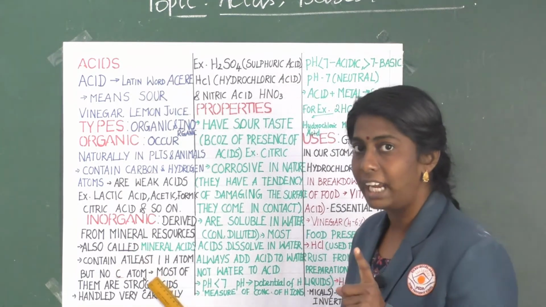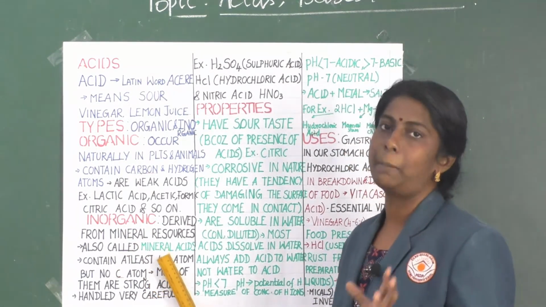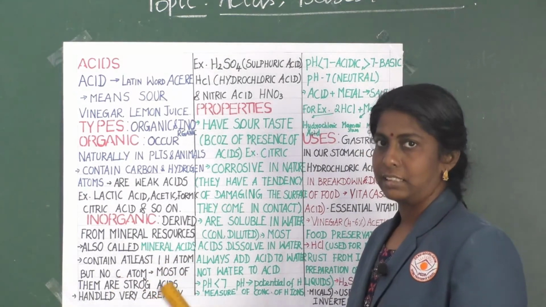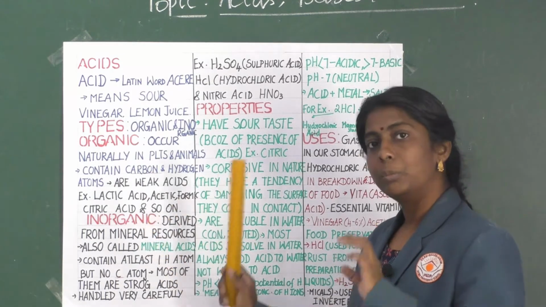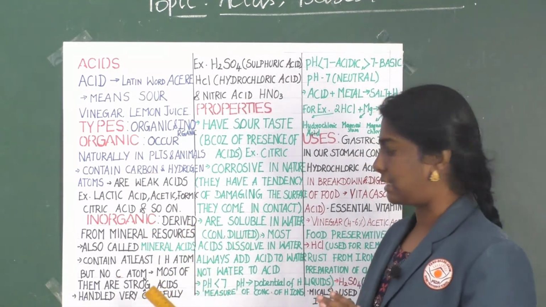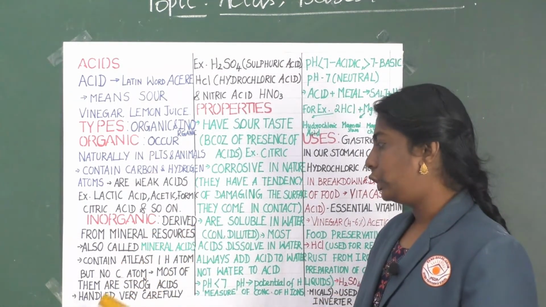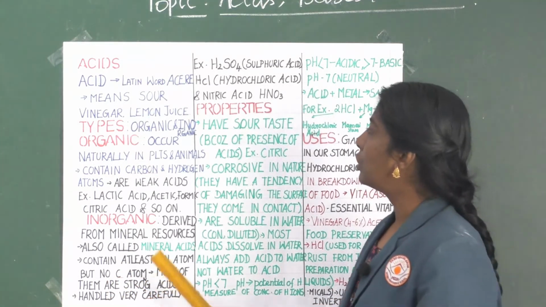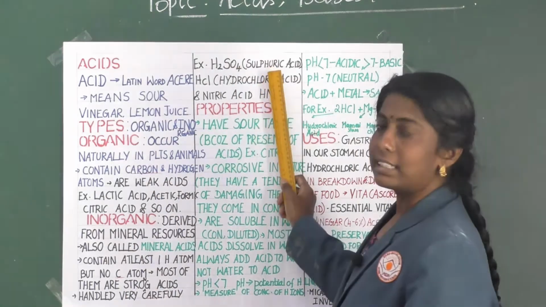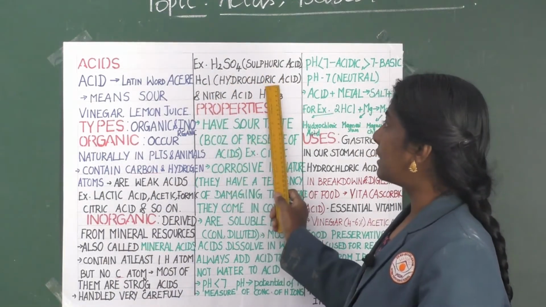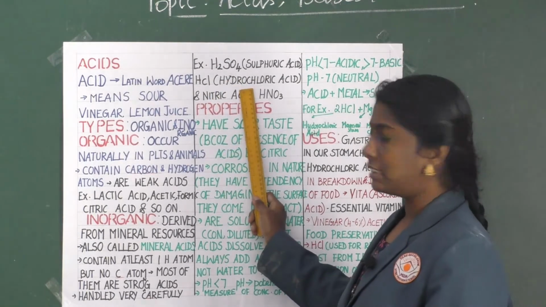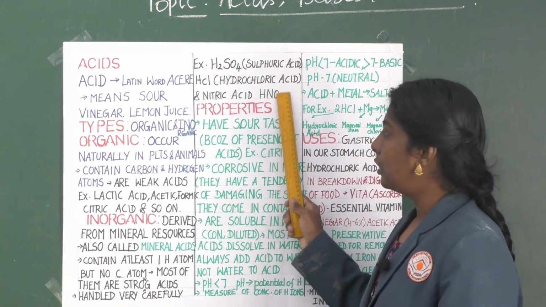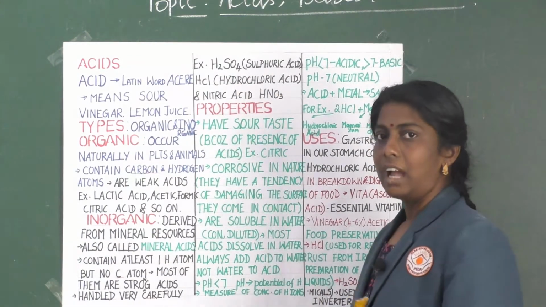Most of them are strong acids, so they should be handled very carefully. For example, sulfuric acid, hydrochloric acid, HCl, and nitric acid, HNO3. So this is about inorganic acids.